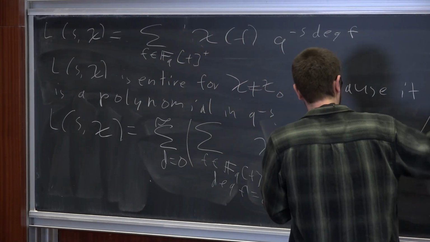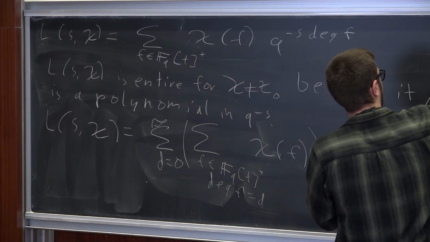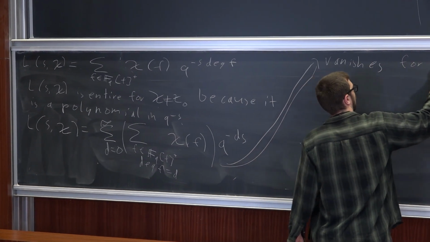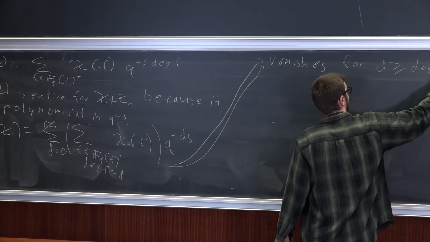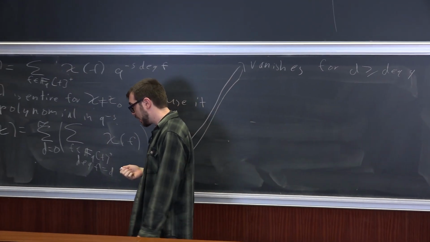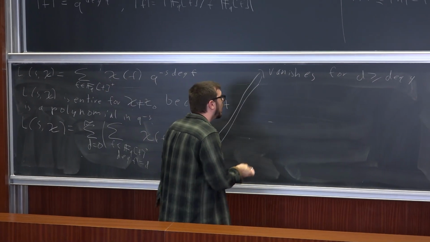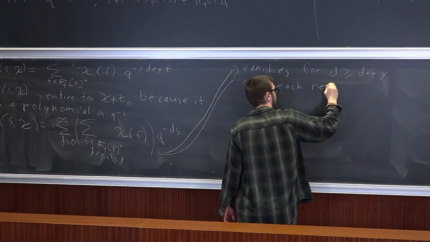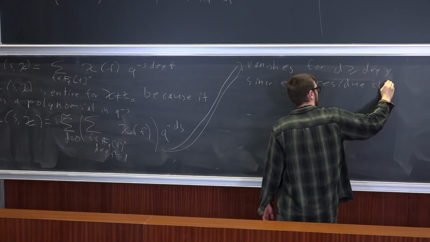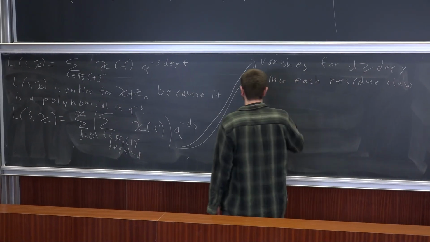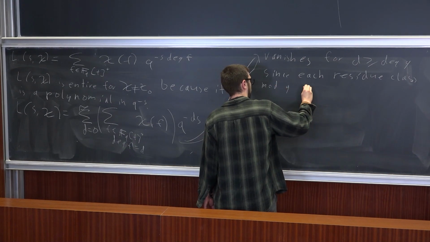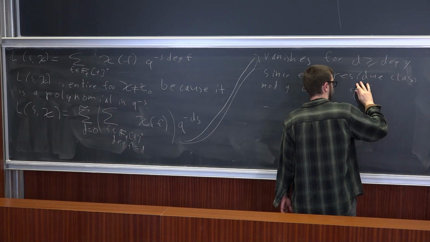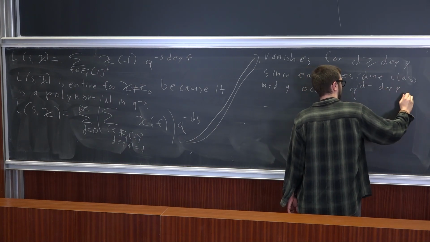And this sum, I claim, vanishes for d greater than or equal to the degree of g. Because each residue class mod g occurs the same number of times, q to the d minus degree g times.